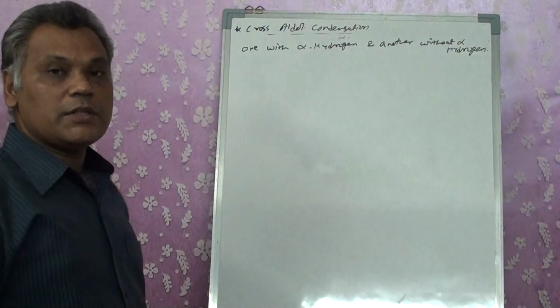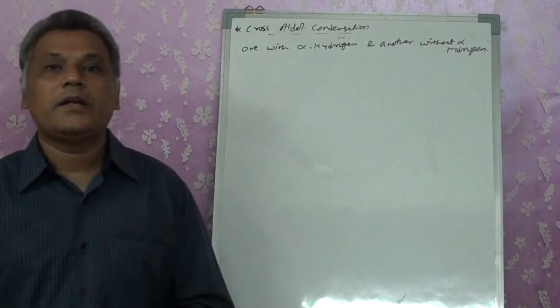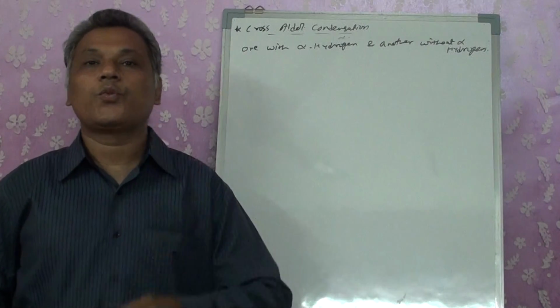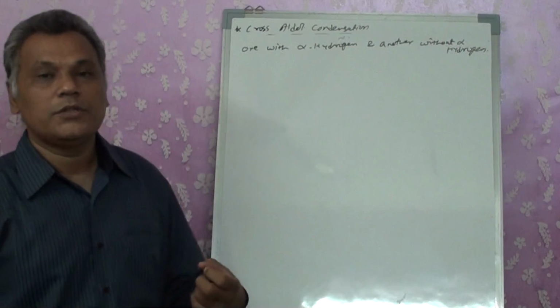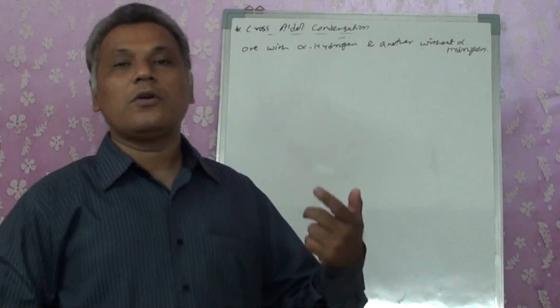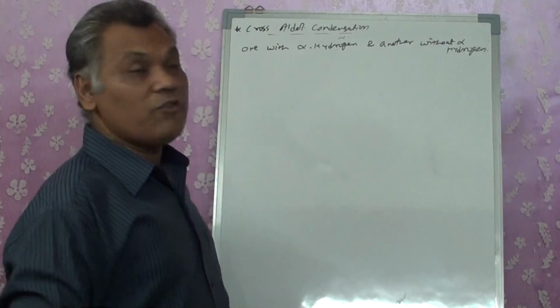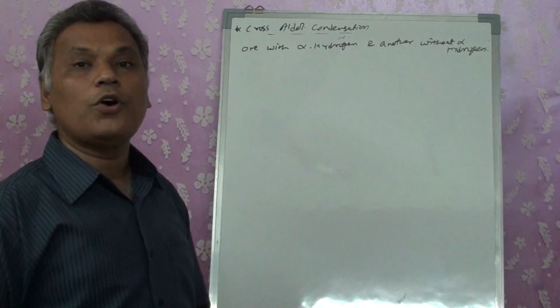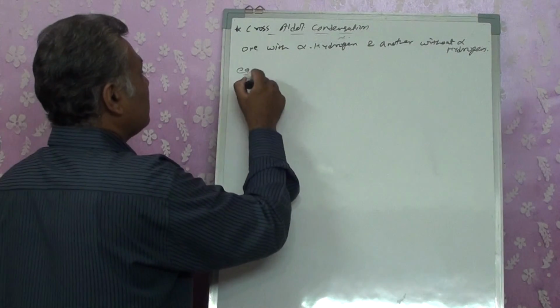When this condition is there, one with alpha hydrogen and one without alpha hydrogen, at that time what will happen? We will get only 2 products. The reason is the one without alpha hydrogen can't go for aldol, but it can help the alpha hydrogen containing compound to go for cross aldol. Let's take an example.